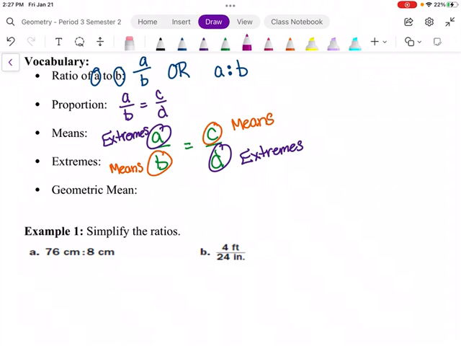If you don't have those vocabulary words memorized, that's okay. You'll still be able to do the problems.